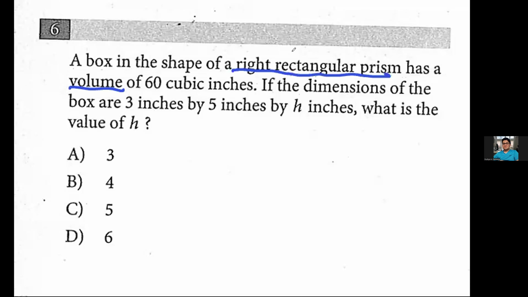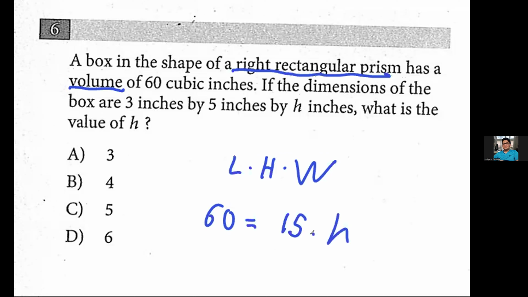So the formula for a right rectangular prism is just length times height times width. So 60 equals 3 times 5, which is 15, times h. So what is the value of h? Just take 60 divided by 15, which is 4. So the correct answer is then choice B.